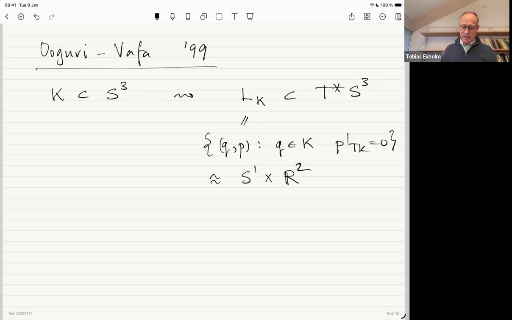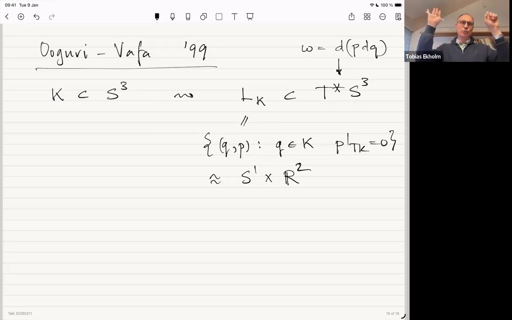So this is an S1 times R2, and this we think of as a symplectic manifold, where the symplectic form is d of the Liouville form, or action form, whatever you want to call it, dp dq. So this is dp1 dq1 and so on. Certainly this picks one q direction and the other two p directions, so certainly it is Lagrangian.